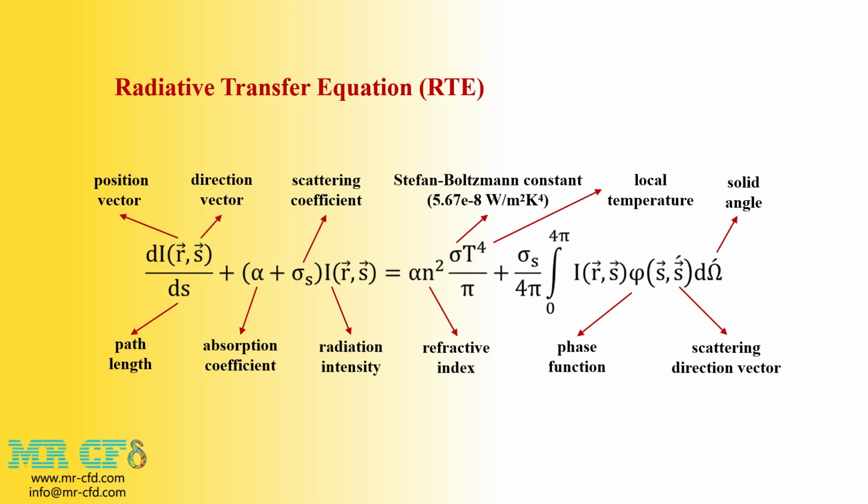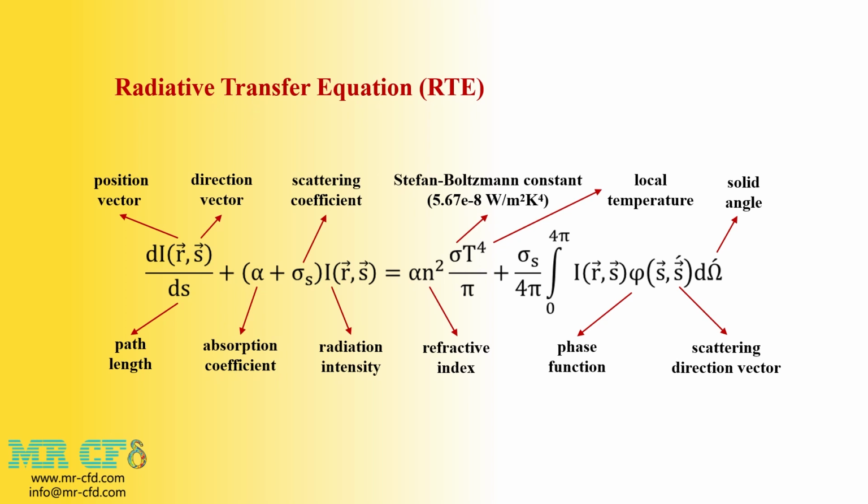Parameters such as location vector, direction vector, path length, scattering coefficient, absorption coefficient, radiation intensity, Stefan-Boltzmann constant, refractive index, phase function, local temperature, solid angle, and scattering direction vector. The radiation intensity depends on the location and direction.